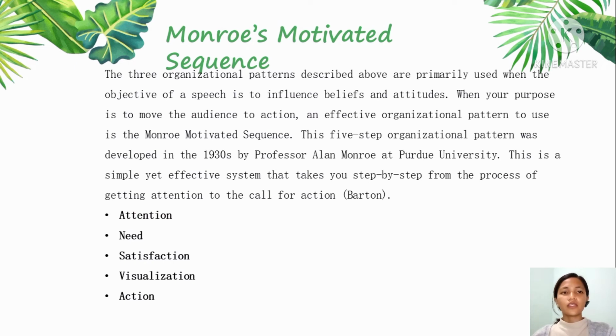The organizational plan developed by Alan Monroe focuses on developing a psychological need in the audience and then illustrating how to satisfy that need by supporting the plan or policy advocated in the speech. First is attention. Get the audience's attention using a detailed story, shocking example, dramatic statistic, or quotation.